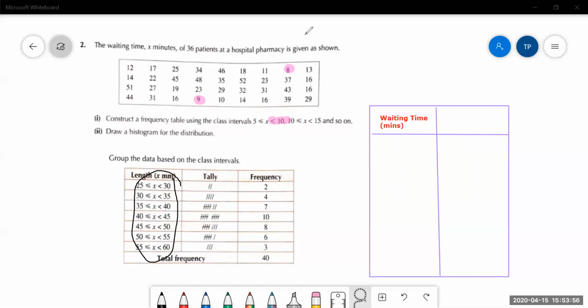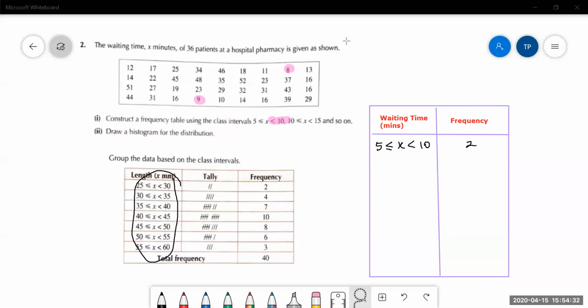So for the timing between 5 and 10, excluding 10, the frequency will be 2. So there will be 2 patients that waited between 5 minutes to 10 minutes exclusive.